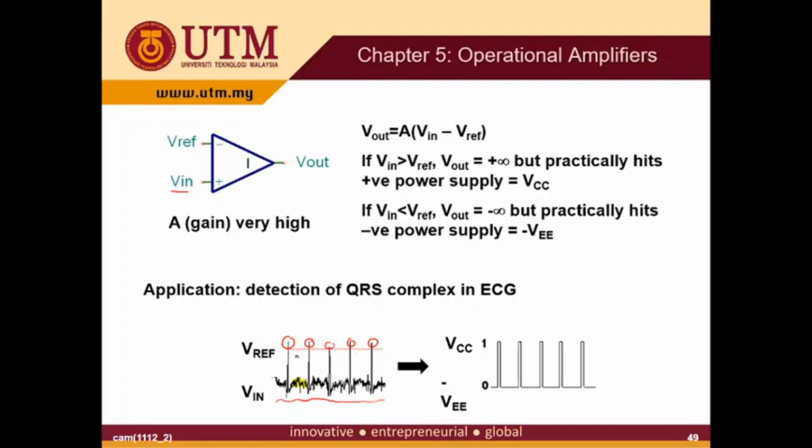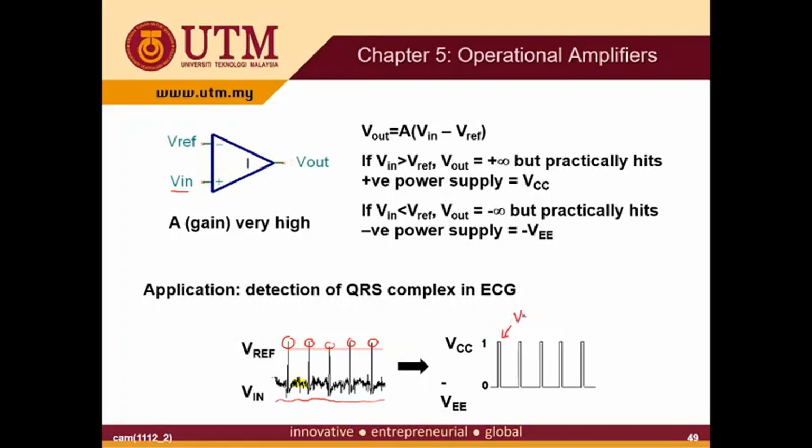So what happened? V out will become plus VCC only if you detect a signal that is larger than V reference. If the signal at V in is larger than V reference, you will get a pulse at the output of plus VCC.